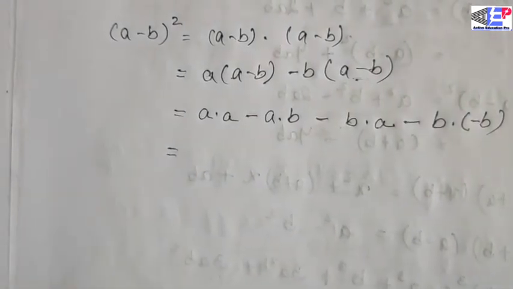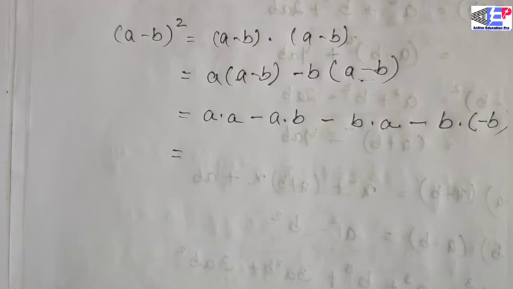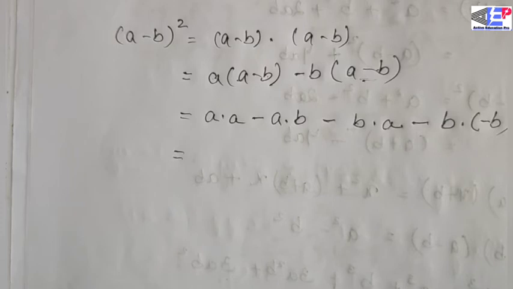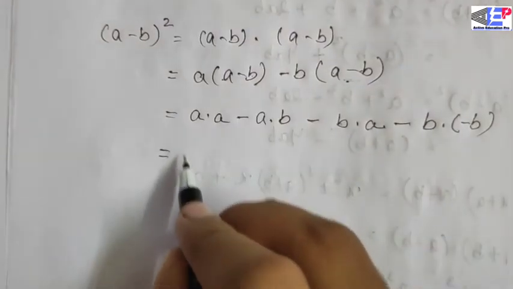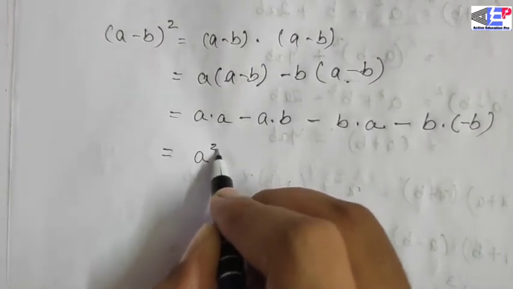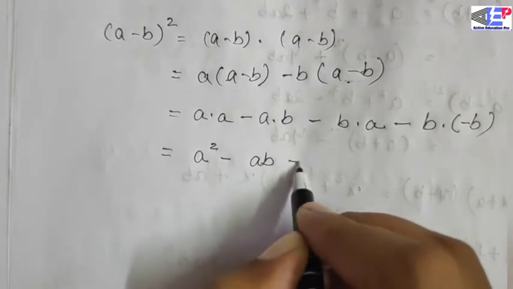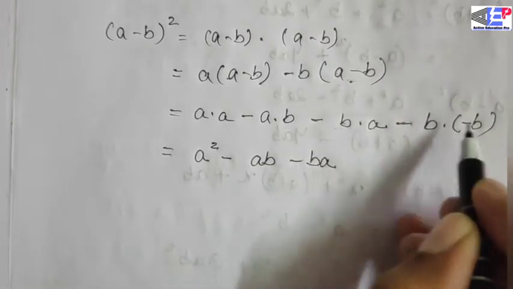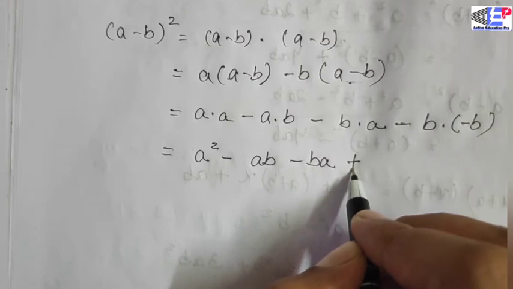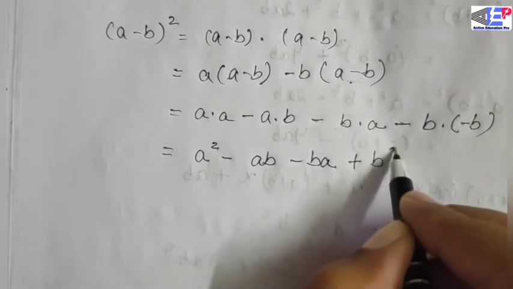I remind you again, at the time of mathematical calculation, always be careful with the sign, because one sign mark is very important for completing this question's answer. a square minus ab minus ba, minus into minus, the same signs in multiplication, will become a positive sign, b square.